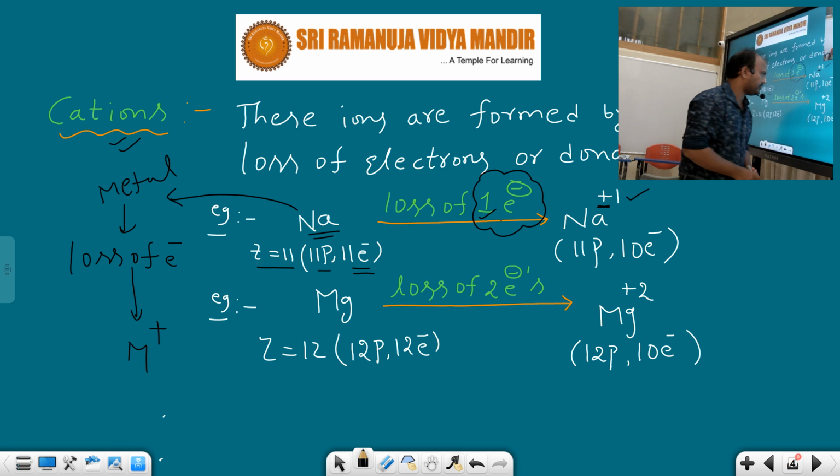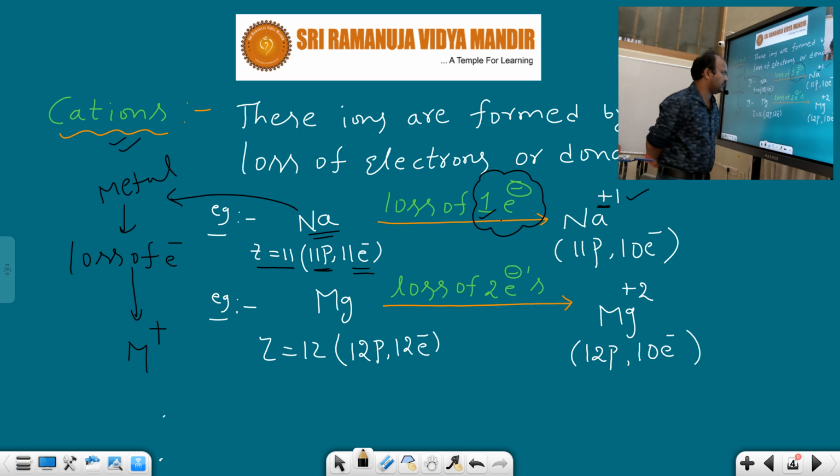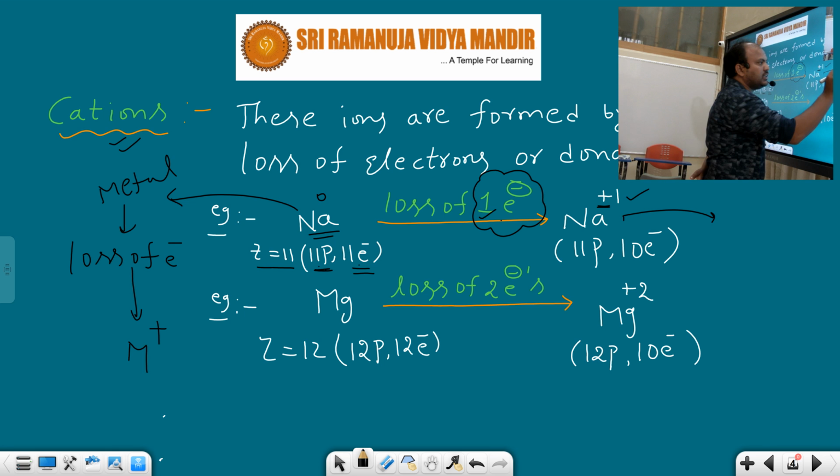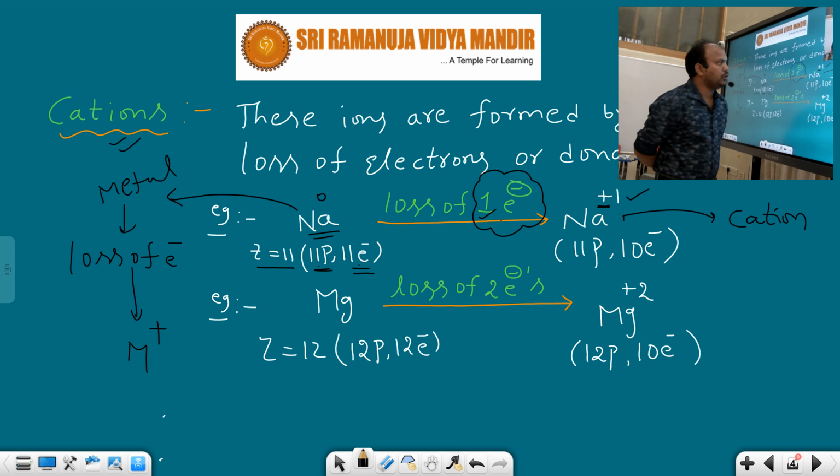Here observe. How many protons are there? 11 protons, 11 electrons. In a sodium atom, atoms are always electrically neutral: no positive, no negative charge. But the sodium atom contains 11 protons and 11 electrons, whereas the sodium +1 cation, a positively charged ion, has 11 protons and 10 electrons.